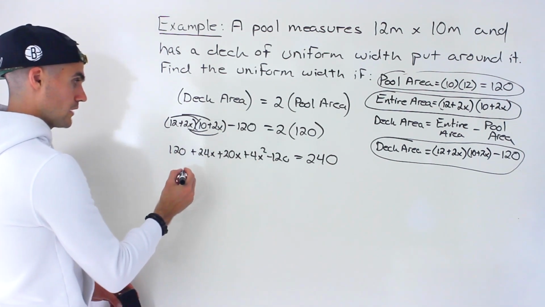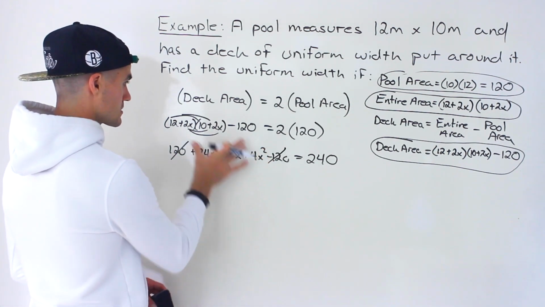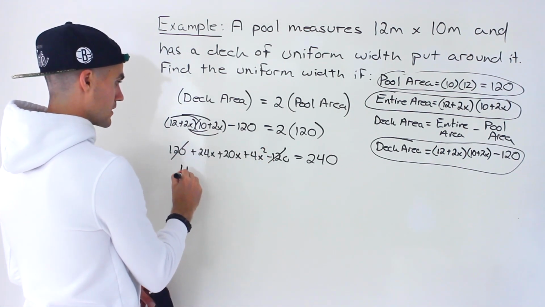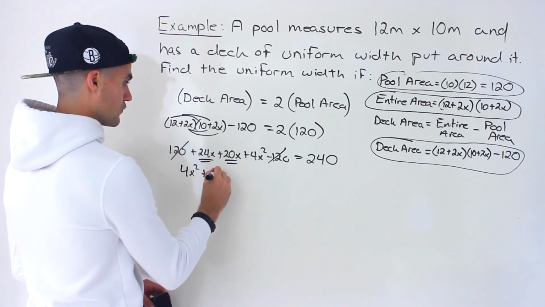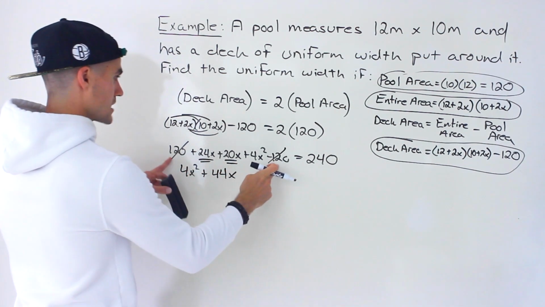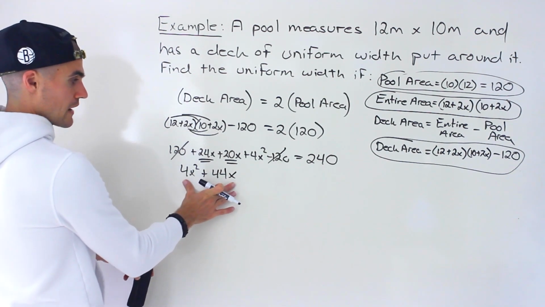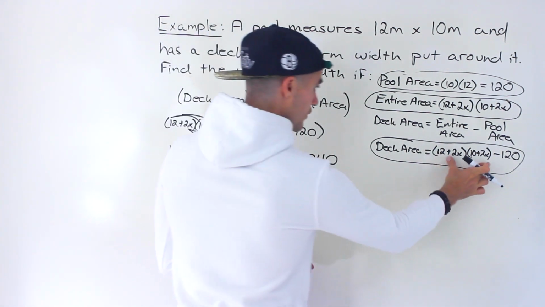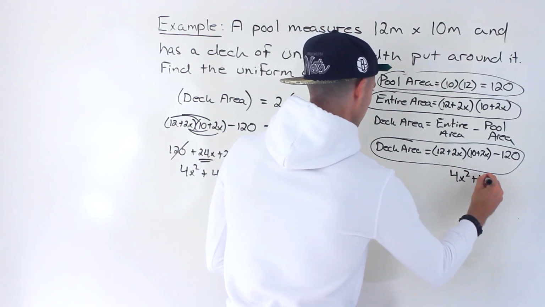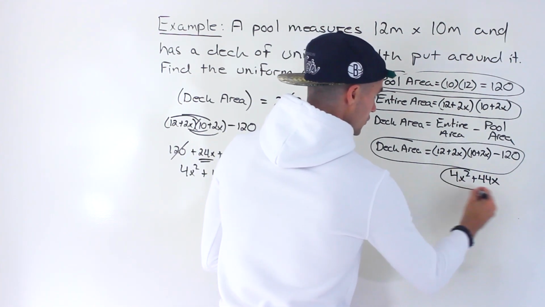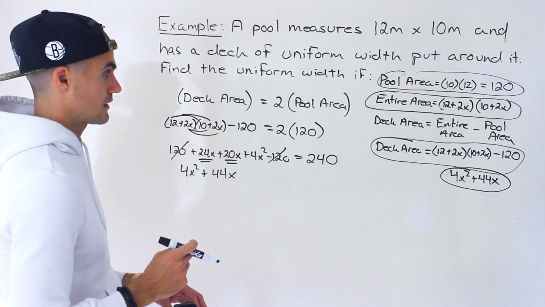Or you know what I'll do actually is I will take this, let's simplify it. So we'll have 4x squared plus 44x, like that, and then the 120s cancel out. So this here is the simplified or the expanded version of this. So I'm actually going to write this here, so we can use it for parts B and C, like that.